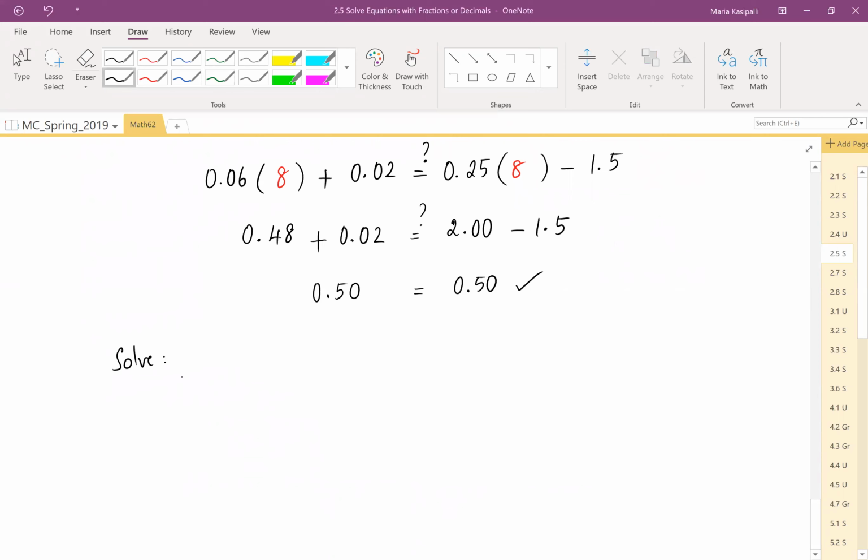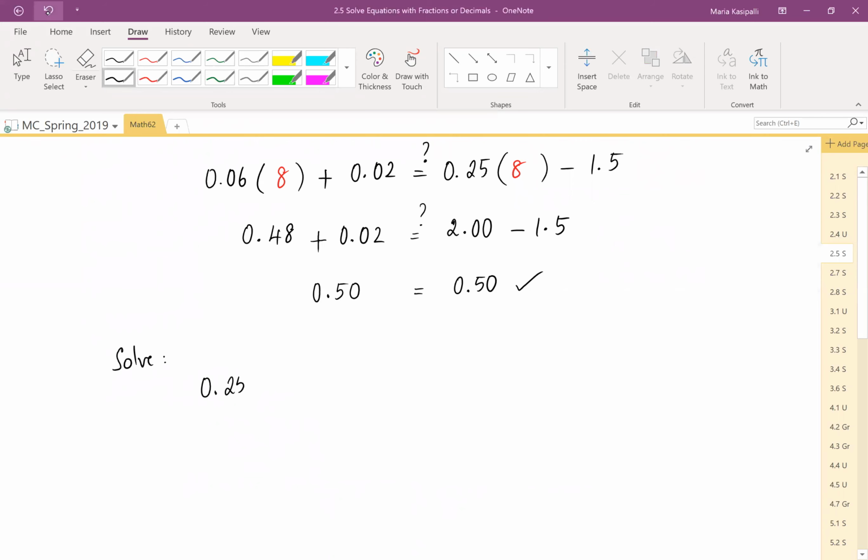Solve. We have another 0.25 again, right? Let's do a different one.